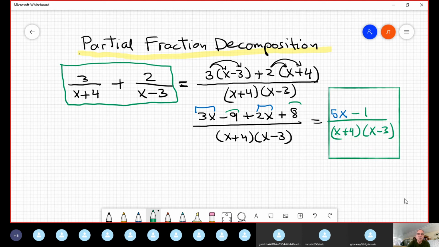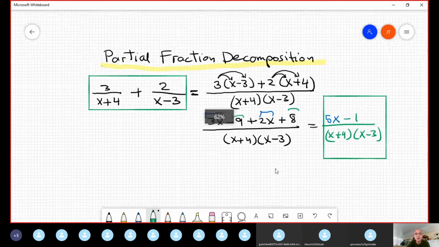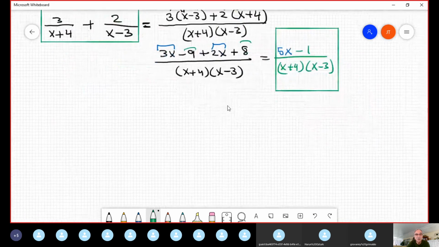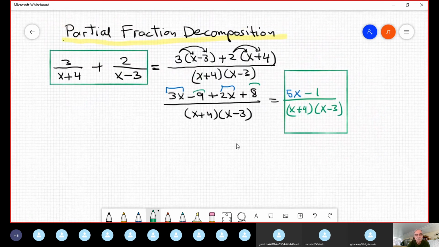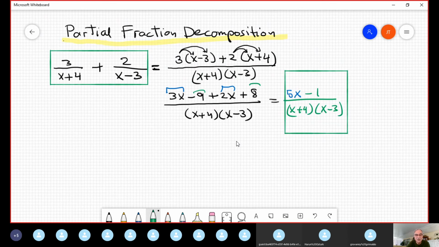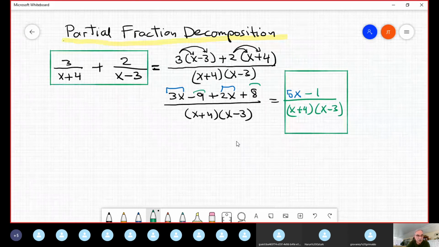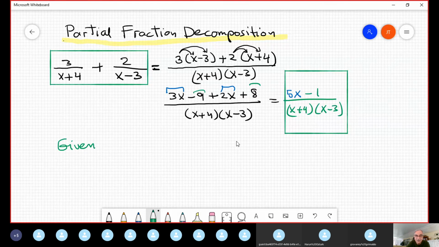But we are doing it in this direction. Now, the partial fraction decomposition is completely different. We are doing the opposite direction. Opposite direction. So the expression given is this.